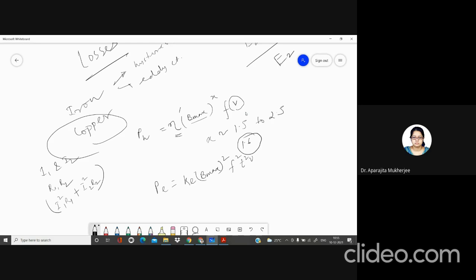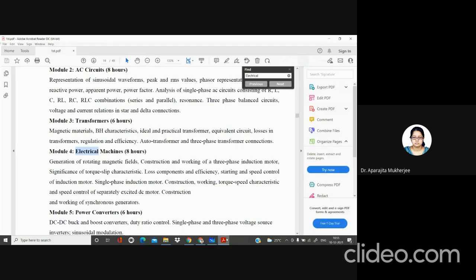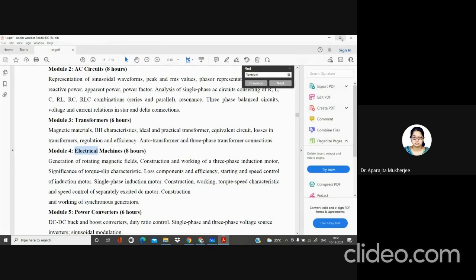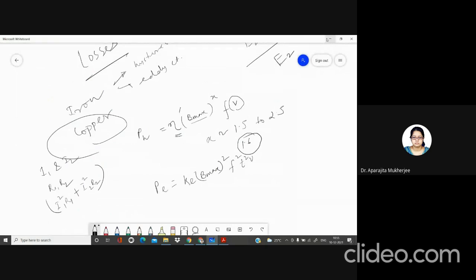Okay, now these are the losses that are included in your syllabus, and another will be the efficiency. In respect to the efficiency, a transformer has a very high efficiency, because the losses occurring in the transformer are less compared to other machines.